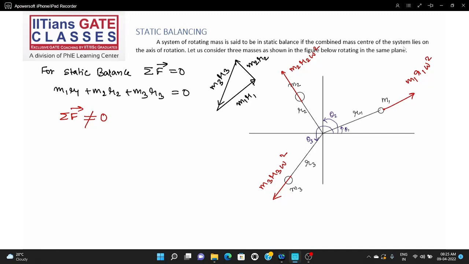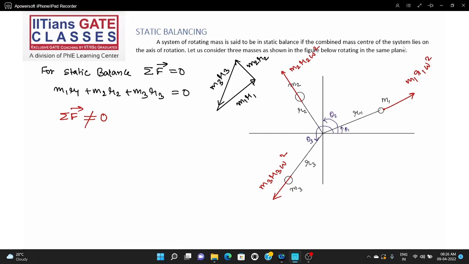Right? Again, there will be two equations. In total, there can be three variables: mass, radius, and angle. Any one will be given to you. We will have two equations to form. What are the two equations? Again, we can write.